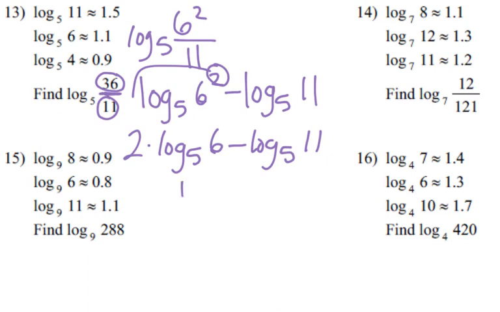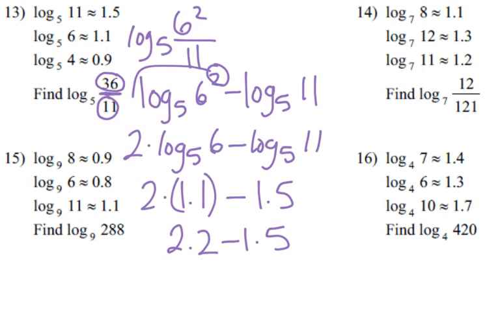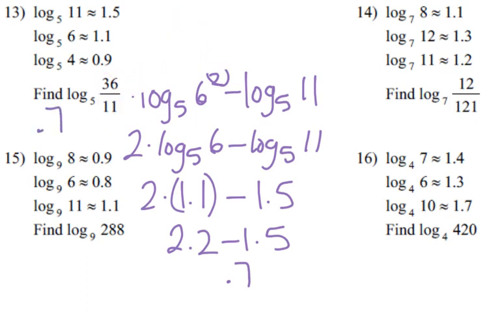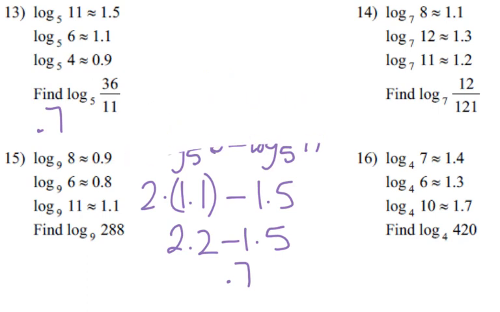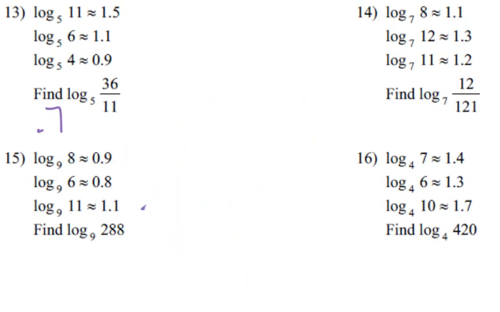Well, log base 5 of 6 is 1.1, so 2 times 1.1 minus 1.5. So I get 2.2 minus 1.5, which gives us, what is that, just 0.7? So 0.7 here. Okay, so we're just using those rules to help us expand it out in a way that we can then solve it.